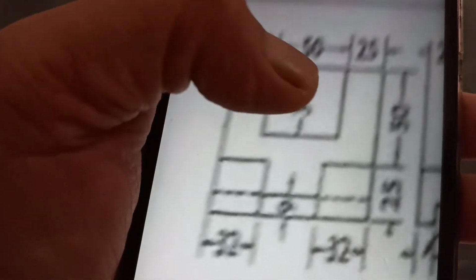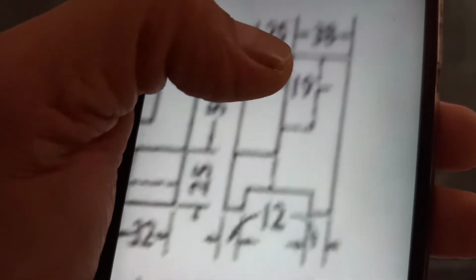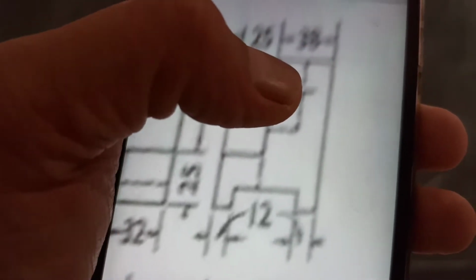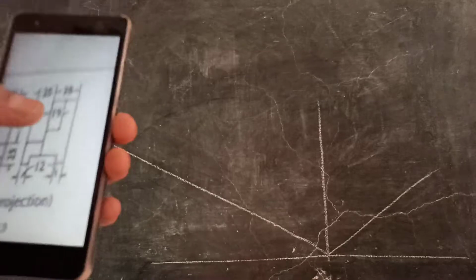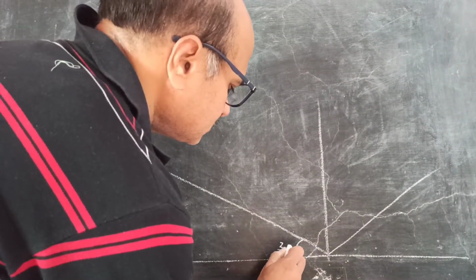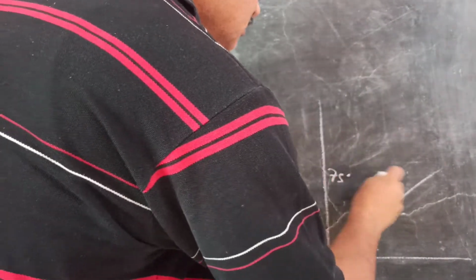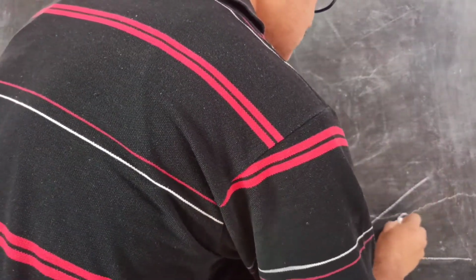So if we take this as the front view, the length is 100, the height is 75, and the width is given in the side view, 25 plus 38, that is 63. So at 30 degrees, you can see this is 100, this is 75, and this is 63.